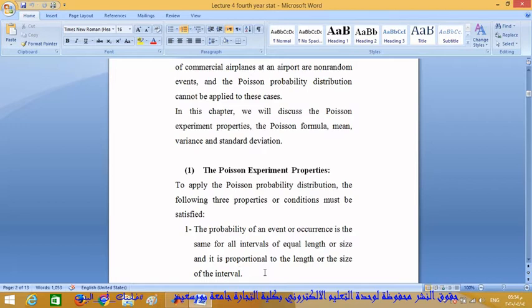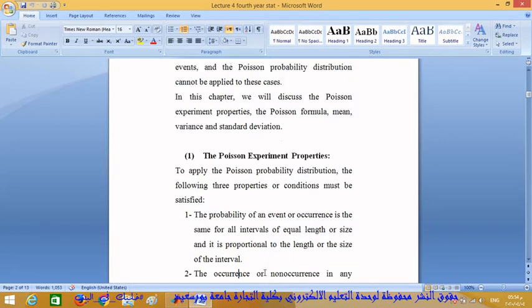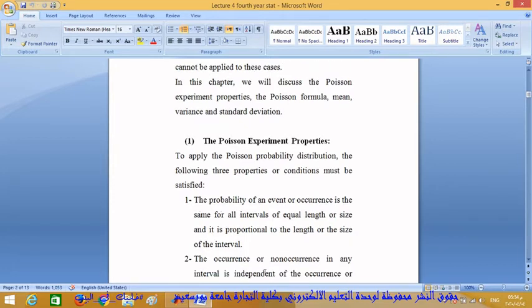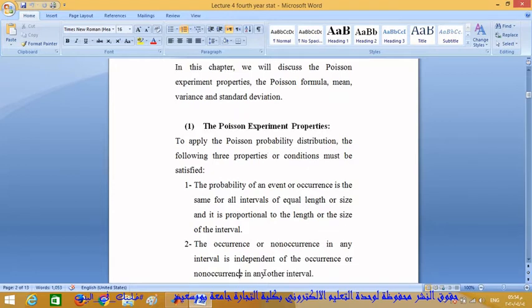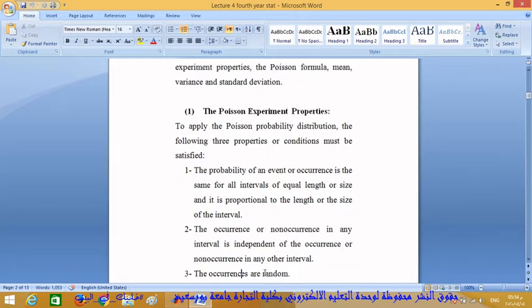So it's proportional to the size or the length of the interval, right? The occurrence or non-occurrence in an interval is independent of the occurrence or non-occurrence in any other interval. So the events are independent. The occurrences are random.